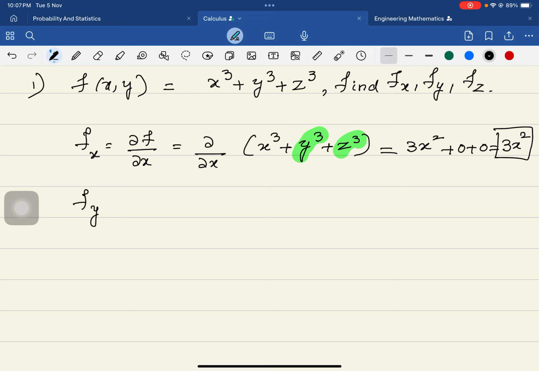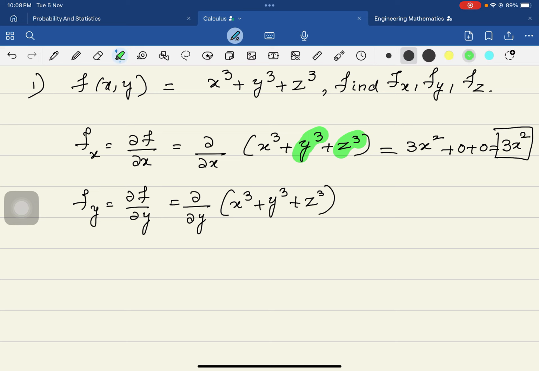And similarly, f of y, if you want, is dou f by dou y, given by dou by dou y of x cube plus y cube plus z cube. Now you are differentiating with respect to y, so the constants are x cube and z cube. The derivative of y cube becomes 3y square. This is the derivative of the function with respect to y.